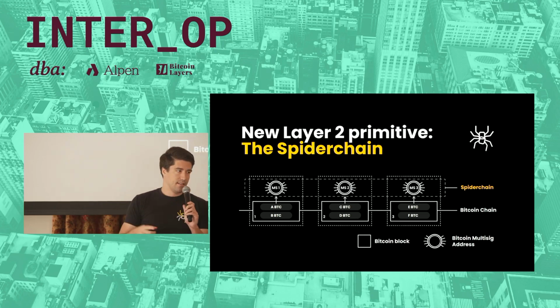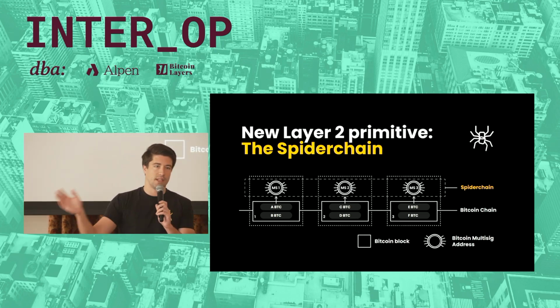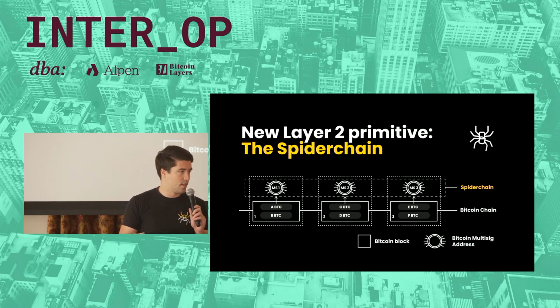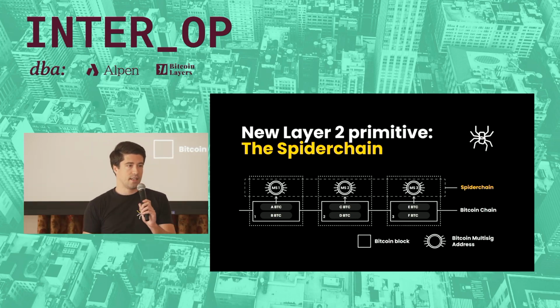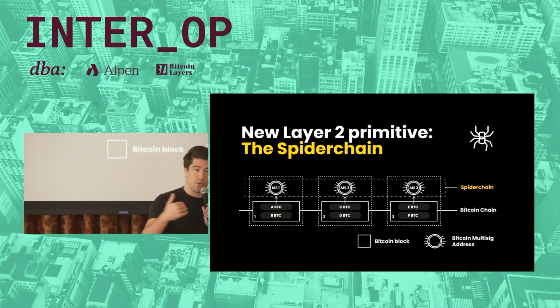And then you do that again. Again, you randomly choose 100 participants out of 10,000 different nodes, and they will secure multisig 2. And then you do that again, you create a third multisig. Again, you randomly choose 100 participants out of all different node operators, and they will secure MS3. And then you create MS4, MS5, MS6, MS7, and you keep creating new multisigs.